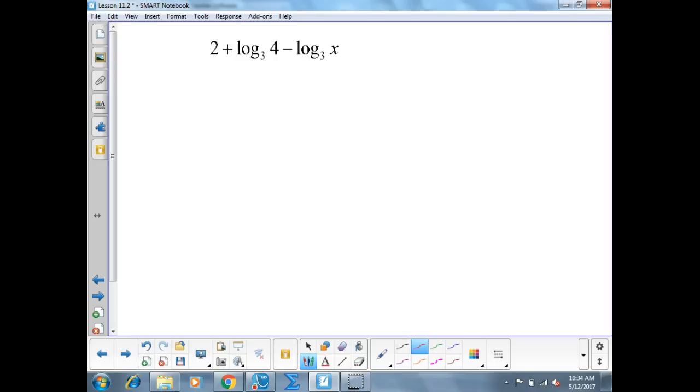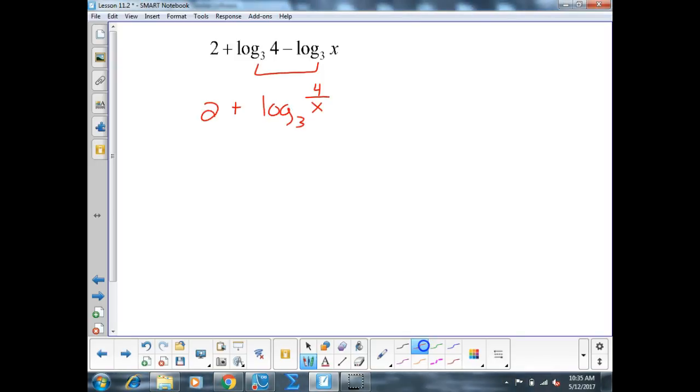Quotient, because they're subtracting the two logs, right? And then the log base 3 that we said. So it'd be 2 plus log base 3 of 4 over x. Okay? But now, I can't take the power because it's plus. But is there another way that I could write 2 based off of log base 3?